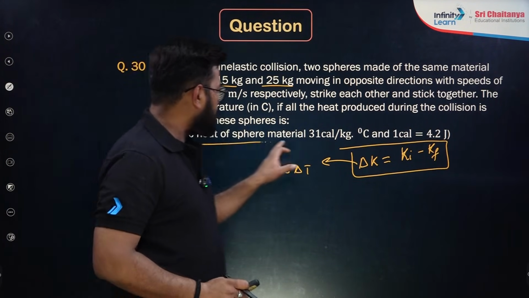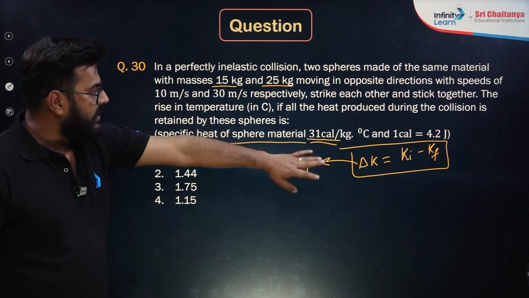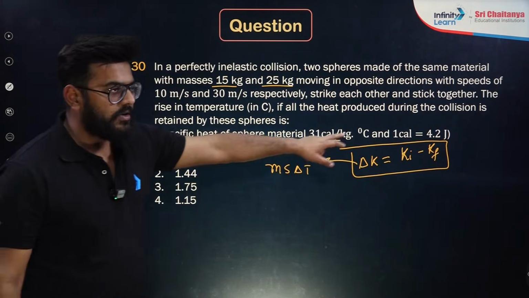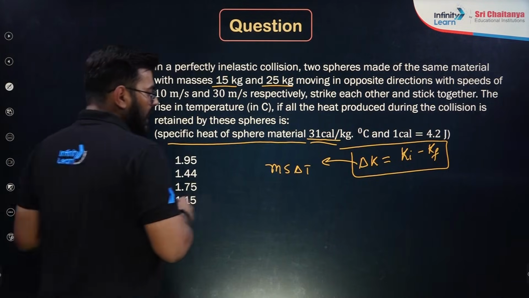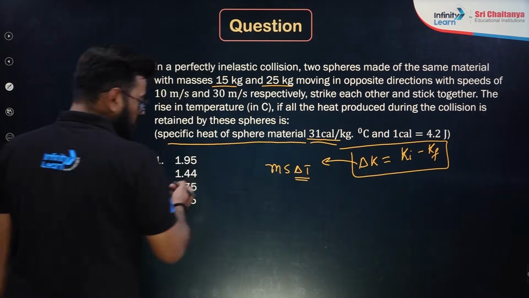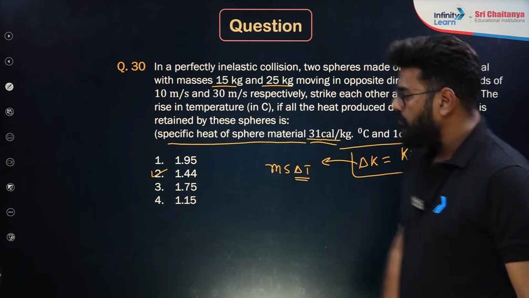The specific heat capacity of the sphere material is given, 31 calorie per kg, and 1 calorie is also given, it is 4.2 joules. So you obviously need the answer in joules, right? Calorie is not the SI unit, you will have to convert to joules. So keep 4.2 also over here. Mass is given, s is given, you need to calculate delta T from that. So based on this approach, option number 2 will be the answer, 1.44.